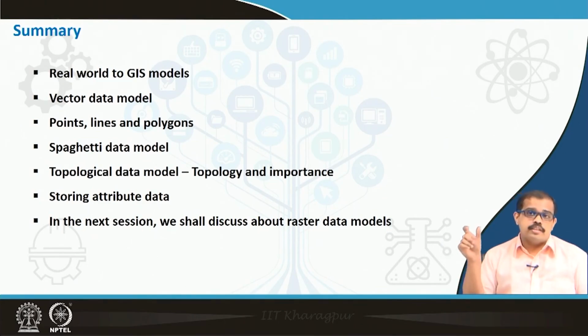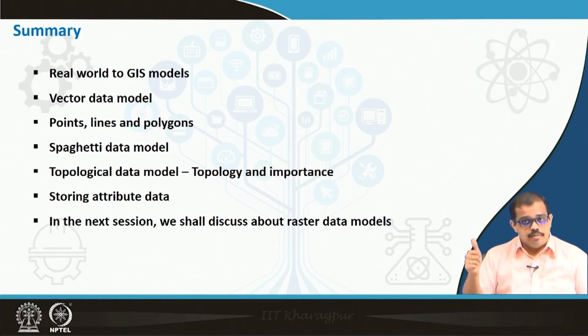Each of the polygons is represented by different strands that are connected together. Each of these strands together from a starting node to the end node forms nothing but the entire spaghetti data model. When you look at the topological data model, it is nothing but an arc node data model. Arc is nothing but a line, node is nothing but a point that is connecting each of these line segments, or is the start and the end point in a polygon model.